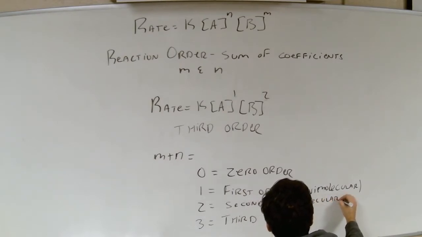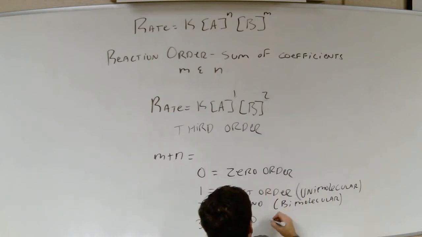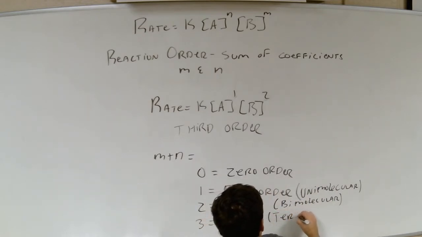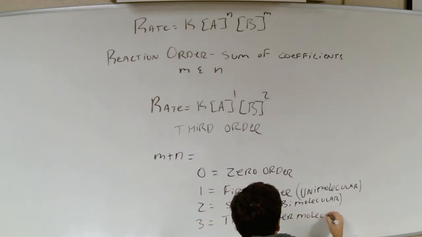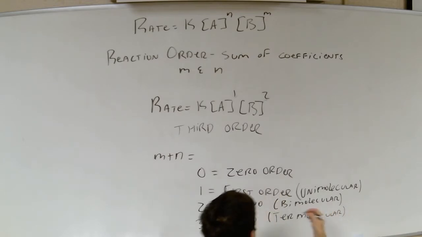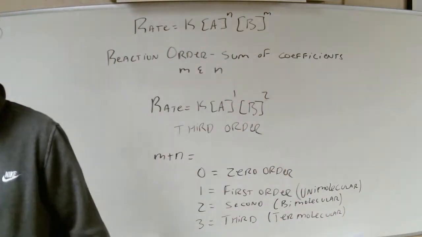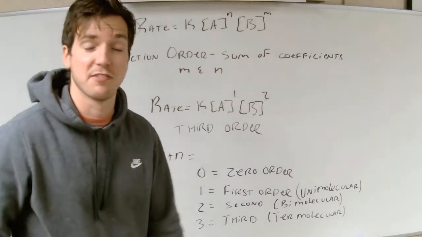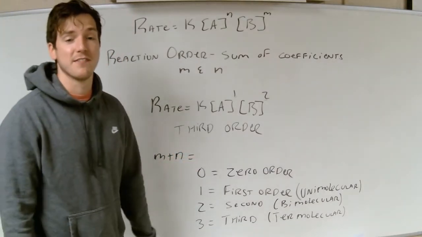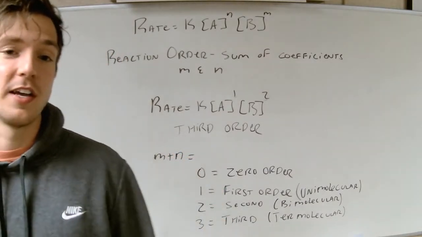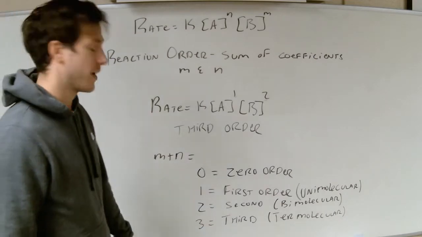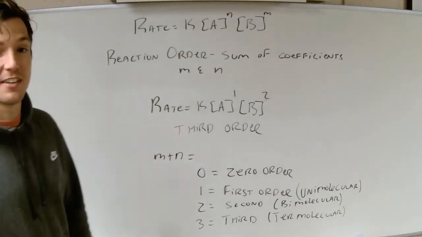And if it is third order, it is known as termolecular. Okay, on the AP exam, they might throw that lingo at you, and you will know that they're just saying if it's bimolecular, it's second order. If it's unimolecular, it's one or first order, and if it's termolecular, it is third order.